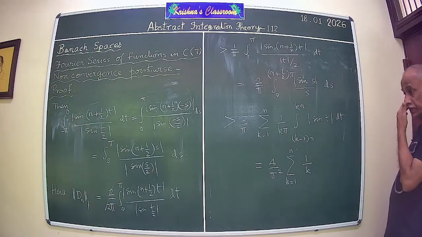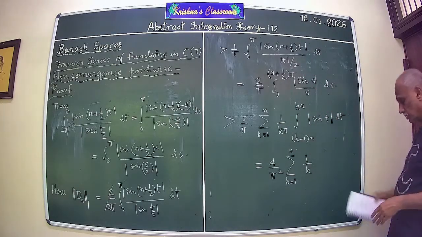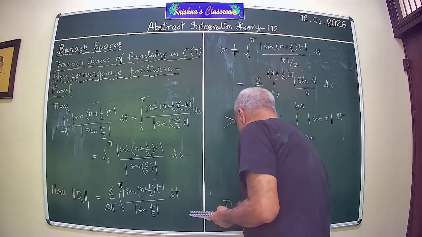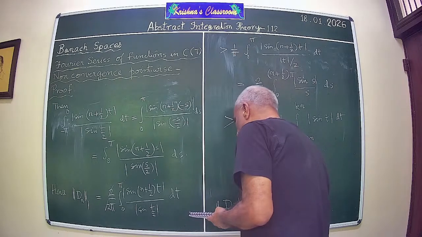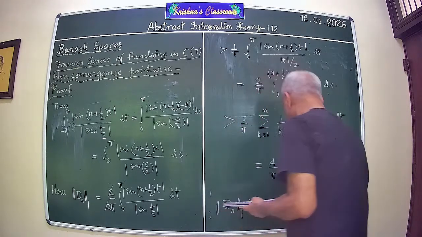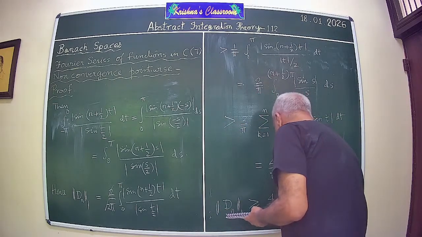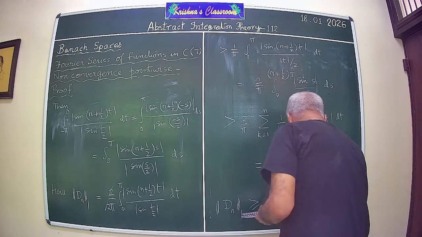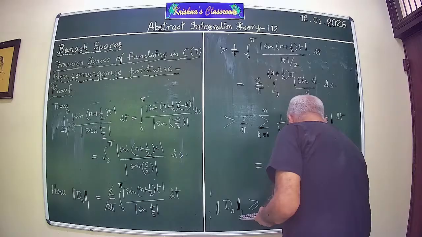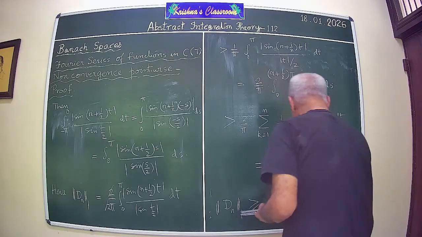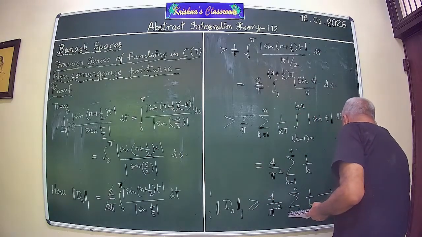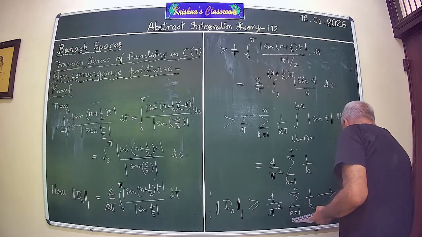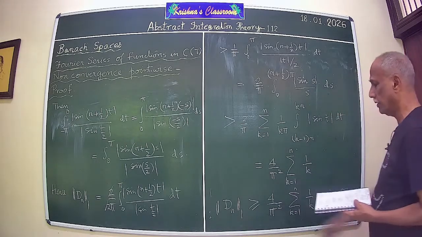So that is the estimate. d_n(1) is greater than or equal to ..., and this, you know, goes to infinity as n tends to infinity. So we have got the estimate.